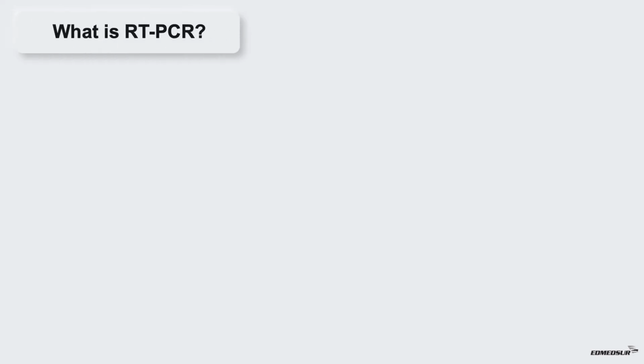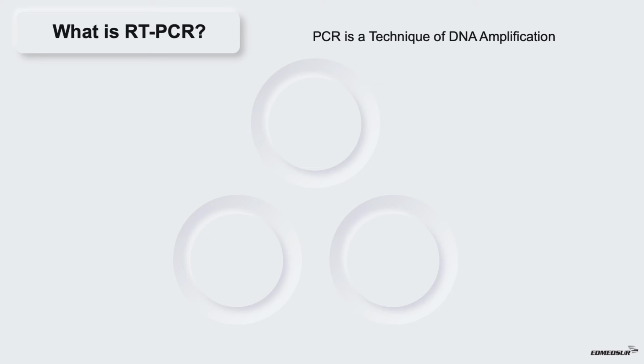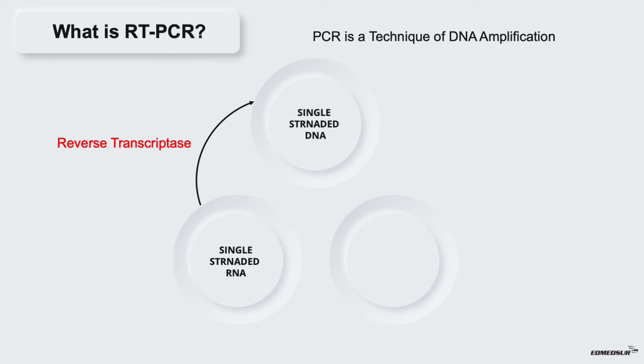What is RT-PCR? As we learned earlier, PCR is a technique of DNA amplification. But the genome of coronavirus consists of single-stranded RNA. To detect the RNA of these viruses with PCR, RNA molecules are first converted with the help of reverse transcriptase enzyme into their complementary single-stranded DNA sequences.